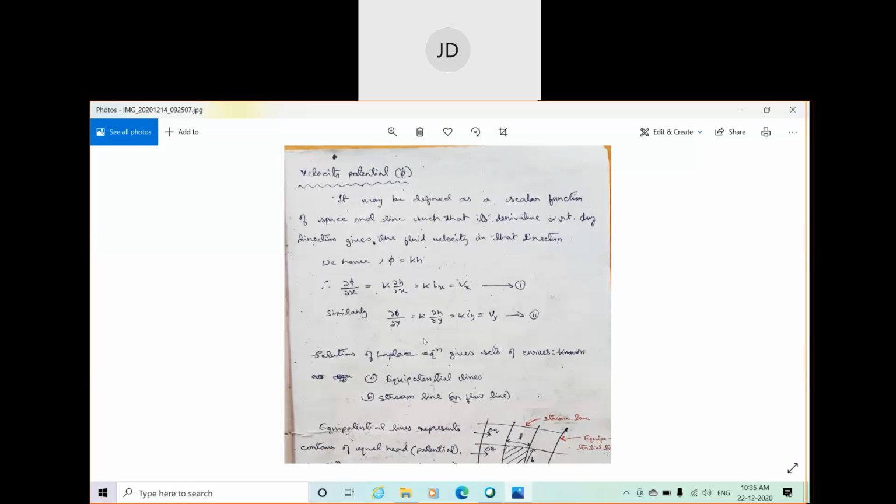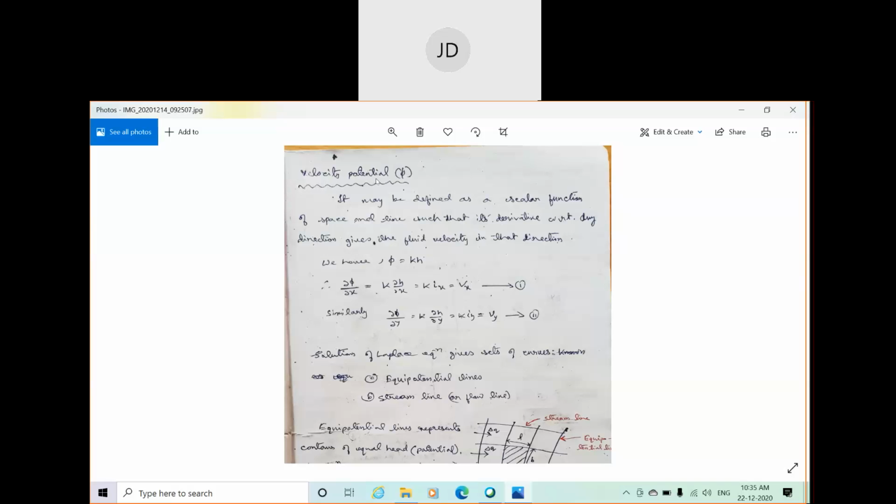In the last class we got phi is equal to k into h, where k is the coefficient of permeability and h is the head difference, or total head loss. Phi represents the velocity potential.